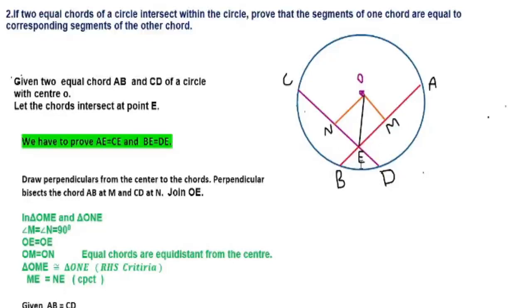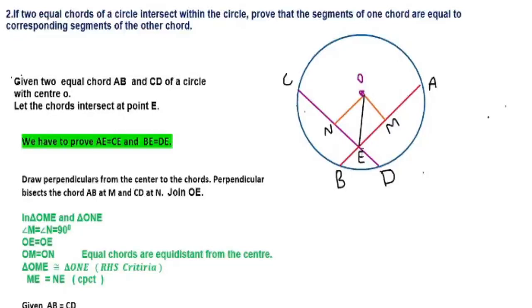So these are the two pairs of corresponding segments. First, AE and CE; second, BE and DE. First we draw the perpendicular from the center O to CD and AB. Let the perpendicular bisect the chord AB at M and CD at N. Then we join OE.